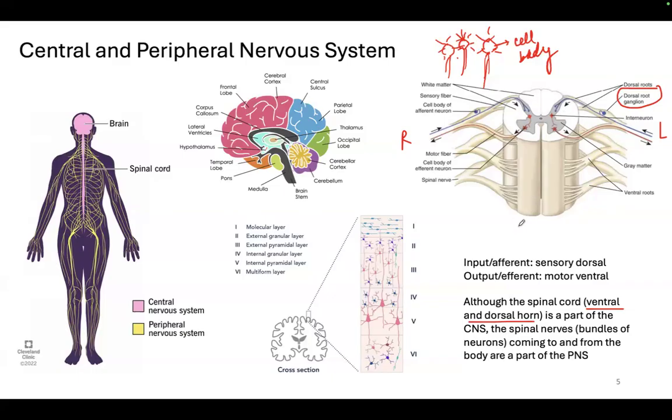And nerves are just bundles of neurons. So if you don't read the bottom part, the spinal cord, there are neurons here inside, and then there are neurons that are coming to and from, right? These things. Can you tell me which is a part of the CNS and which is a part of the PNS?